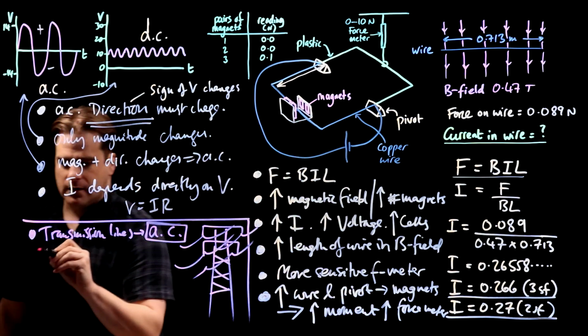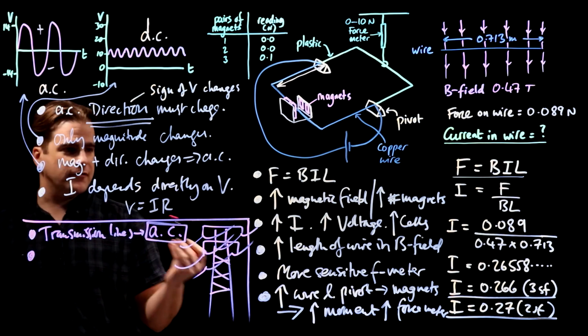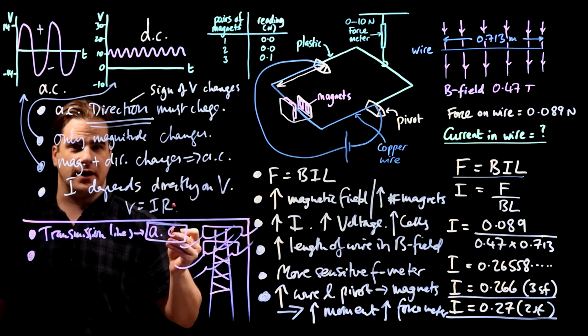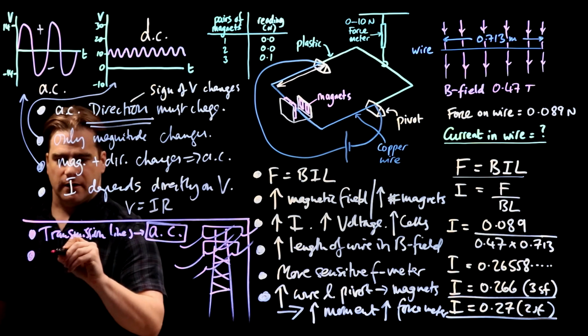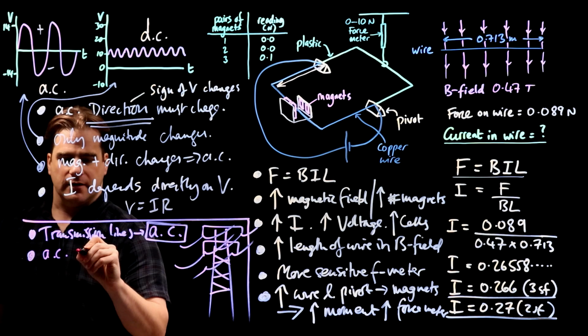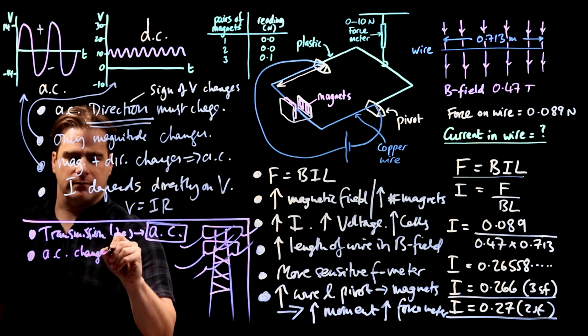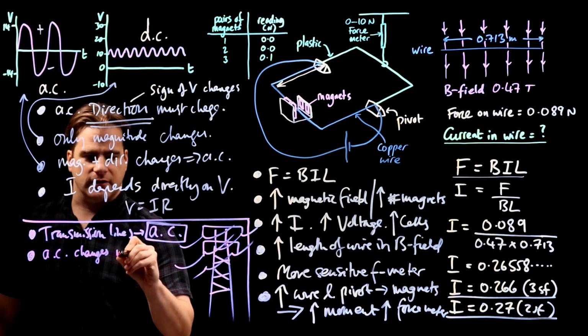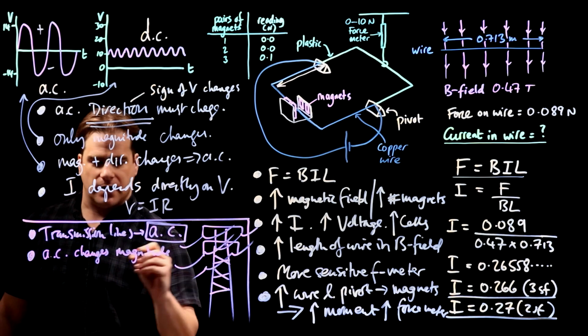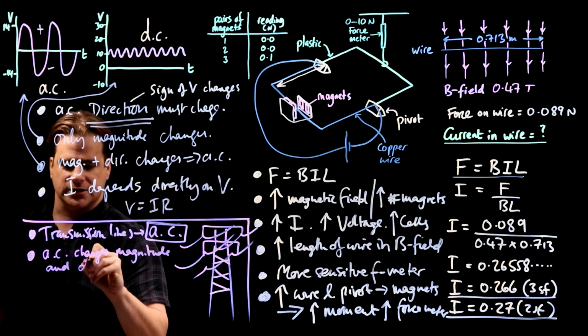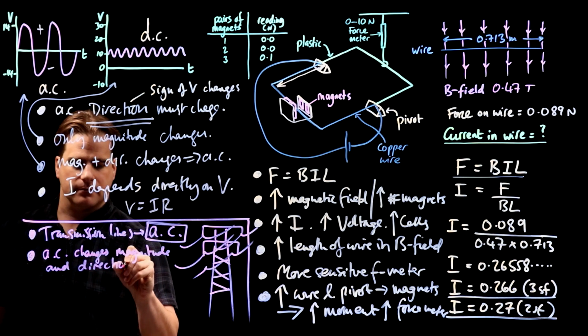Okay, now, you have to repeat yourself. We've covered it in this question here, but you have to say it again to get the marks in this question. Alternating current changes magnitude and direction.